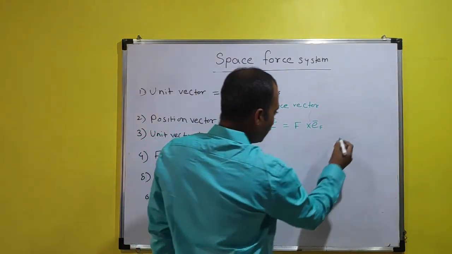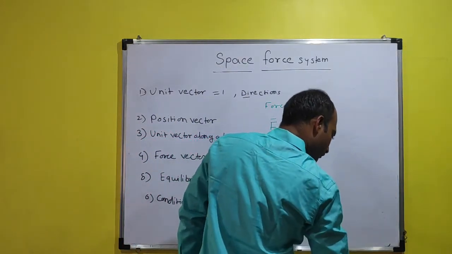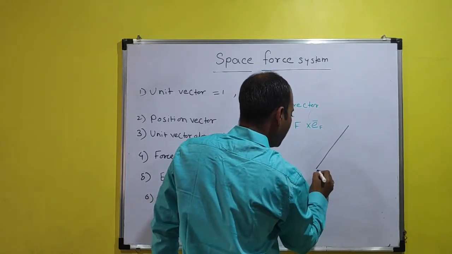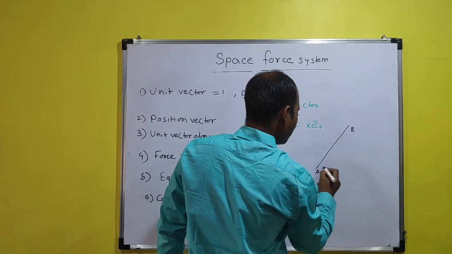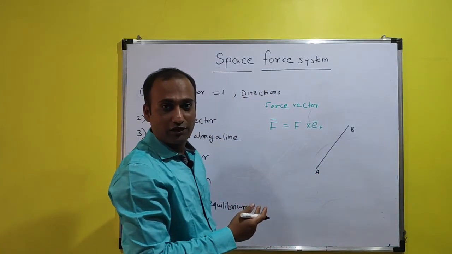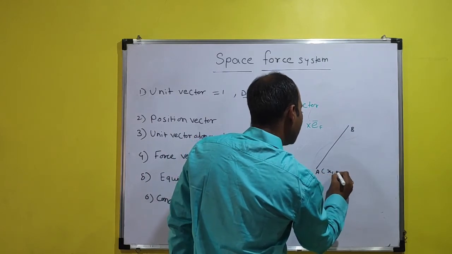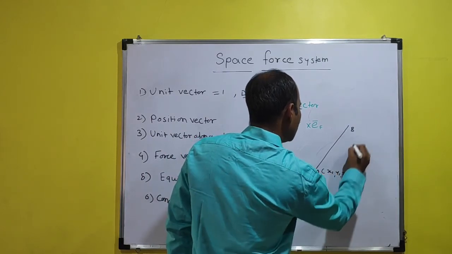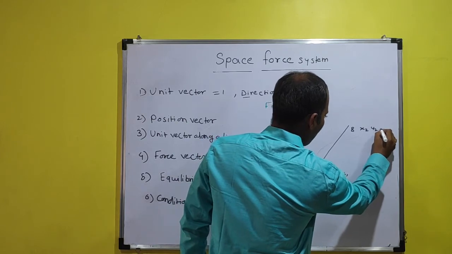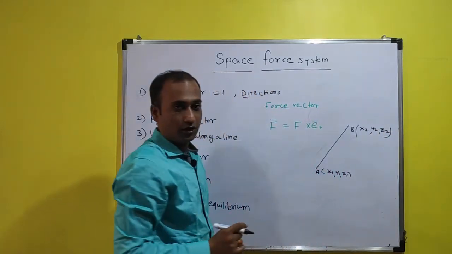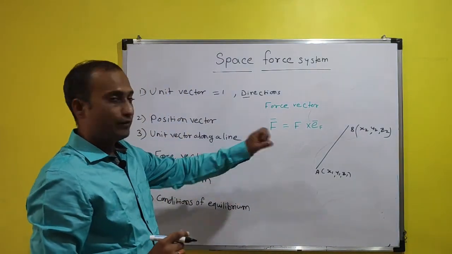So we have calculated the unit vector for AB, in a space whose coordinates are x1, y1, z1 and x2, y2, z2. Then what will be the force vector AB?